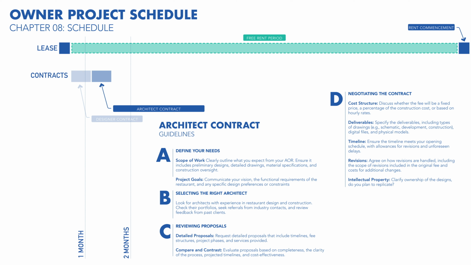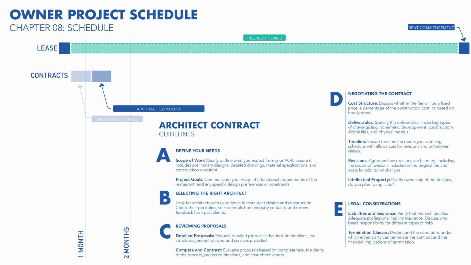Ensure all potential costs are transparent to avoid surprises. Specify the deliverables, including types of drawings. For example, schematic, development, construction, digital files, and physical models. Ensure the timeline meets your opening schedule, with allowances for revisions and unforeseen delays.